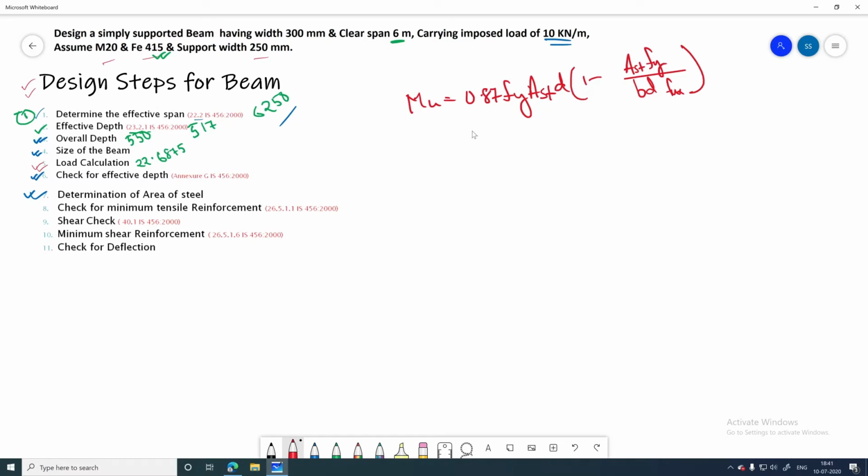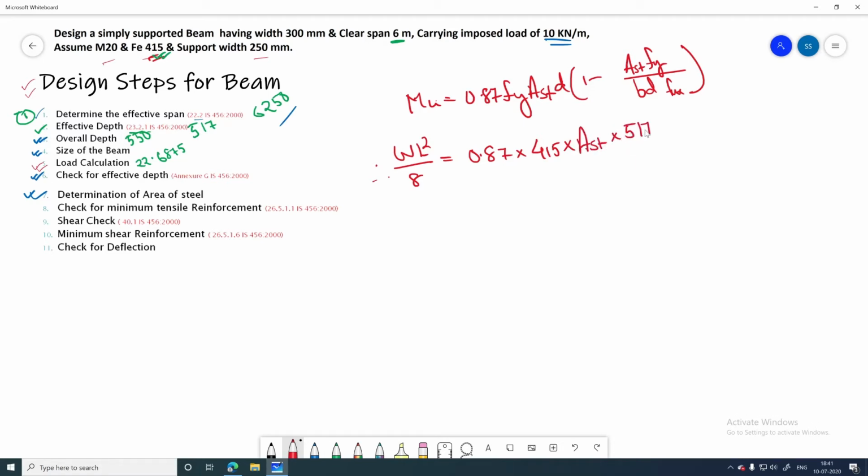Okay, now we just need to put the values over here to determine the value of AST. So what is the value of Mu? That is same as WL square by 8, and that is equal to 0.87. Fy is 415, look here, this is 415. AST, I need to determine this.